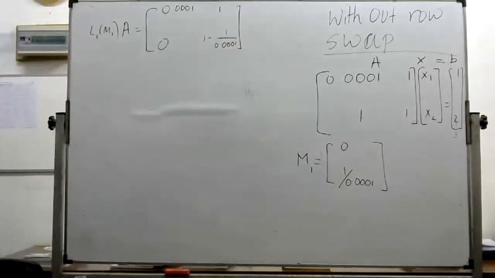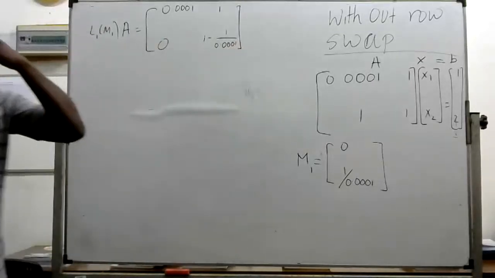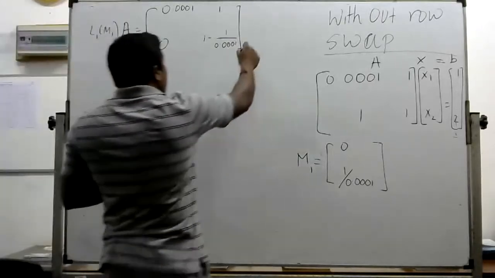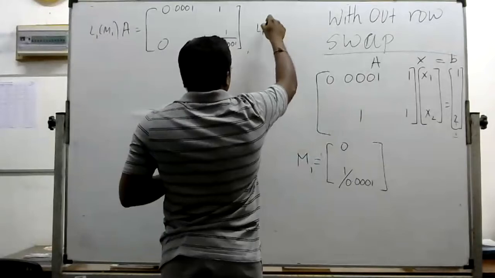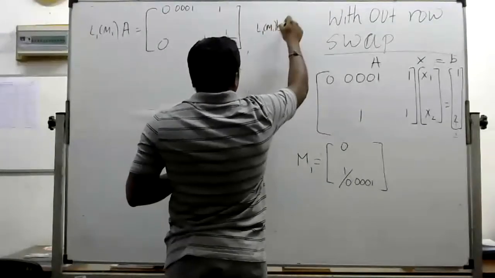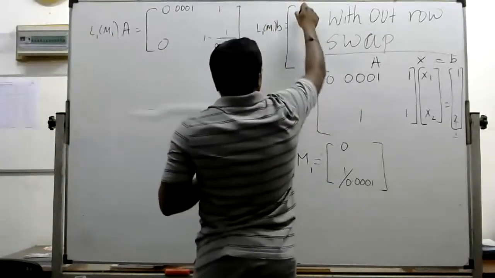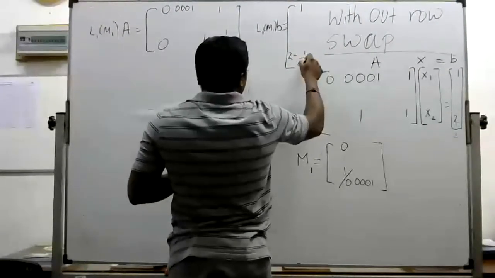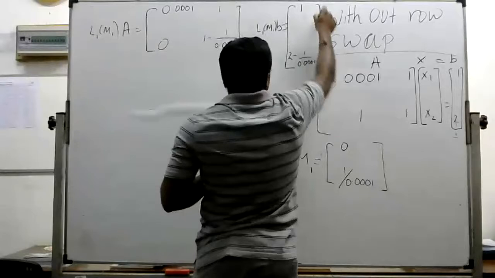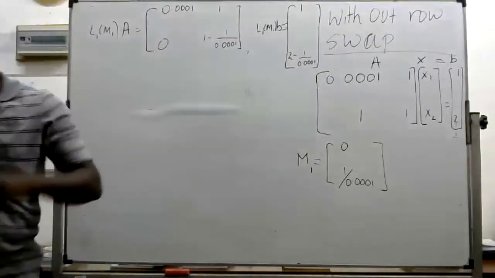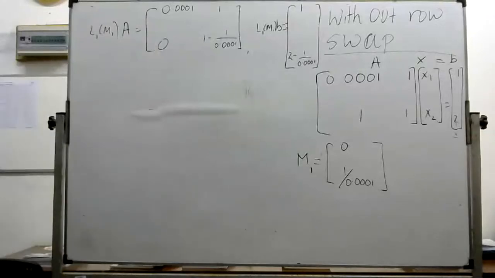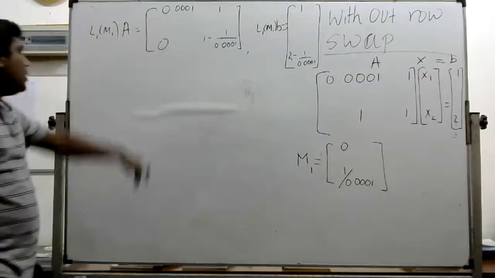At the same time, we evaluate b as well. On the other side, L1 M1 times b is 1, 2 minus 1 over 0.0001. You know how to solve by multiplying by the elementary lower triangular matrix, so I'm not going to show all the work. This is how you are going to have the system.